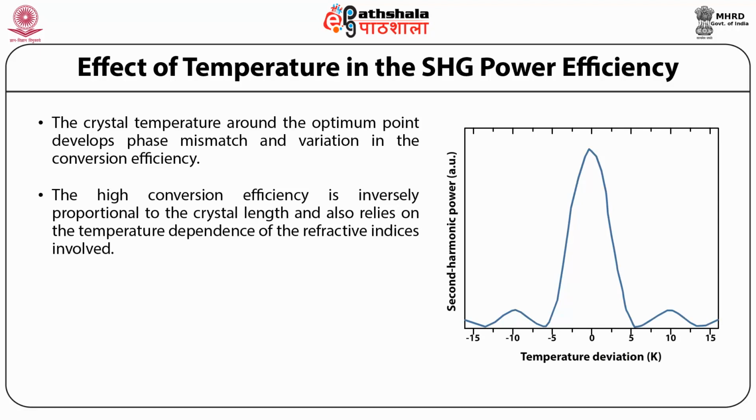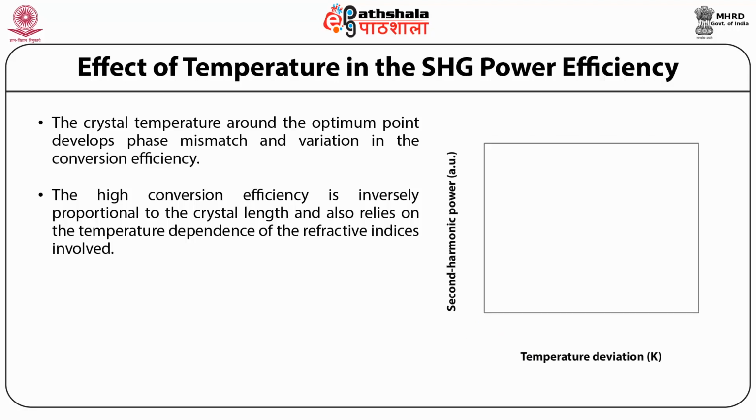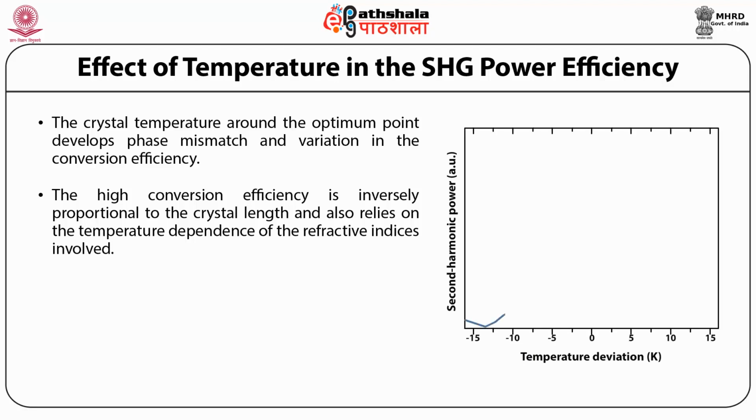The high conversion efficiency is inversely proportional to the crystal length and also relies on the temperature dependence of the refractive indices involved. Similar relations apply to other nonlinear frequency conversion processes.